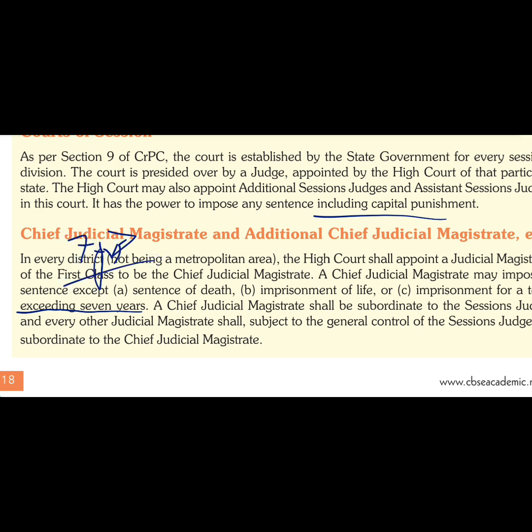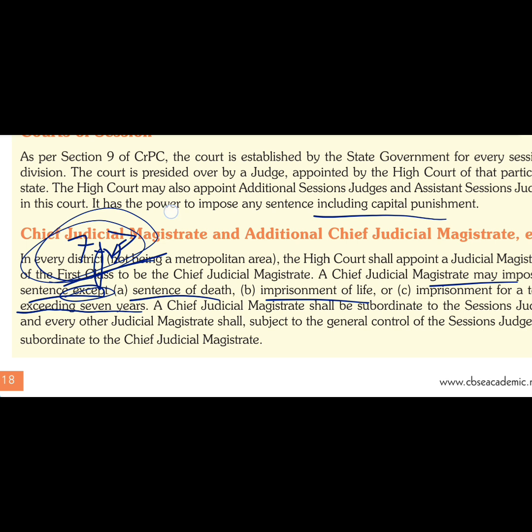See what is written: impose a sentence except death, imprisonment for life, and exceeding 7 years. So it can pass any sentence which is less than 7 years. So that will be its jurisdiction to deal with offenses that have punishment of less than 7 years.